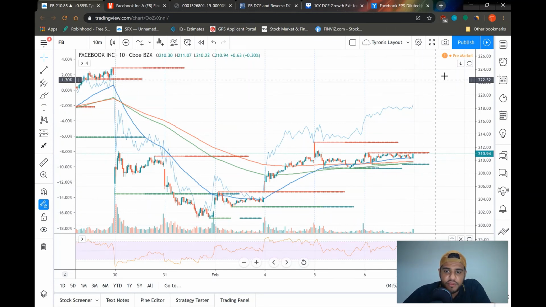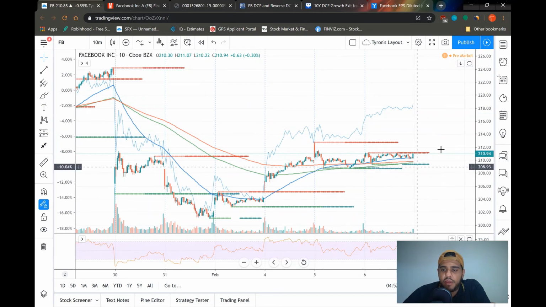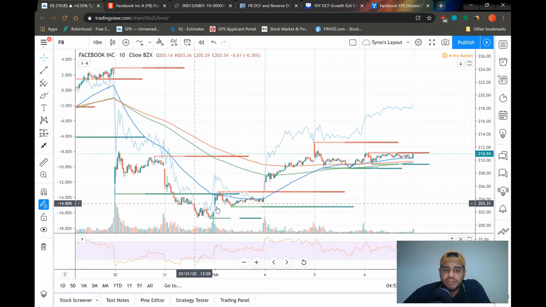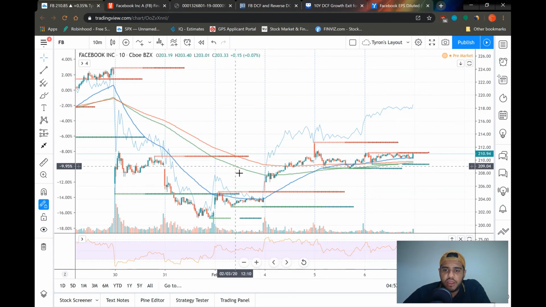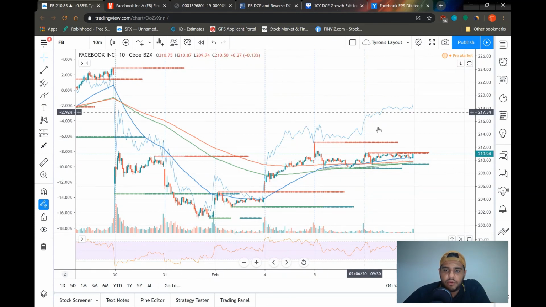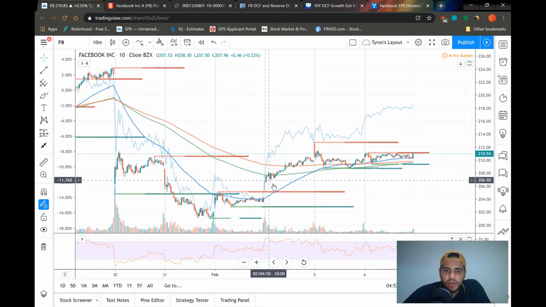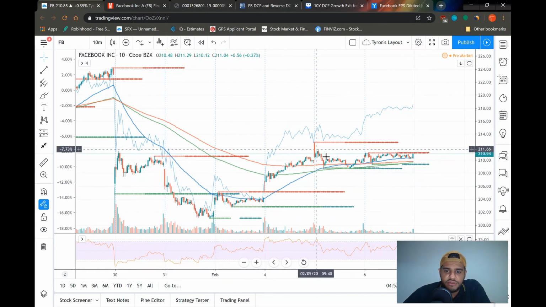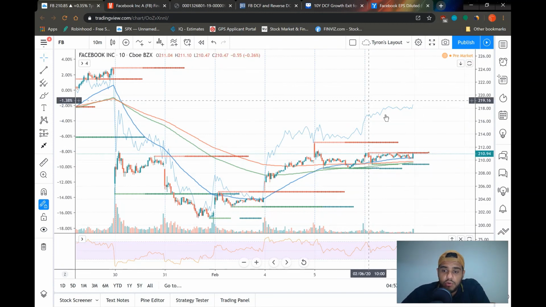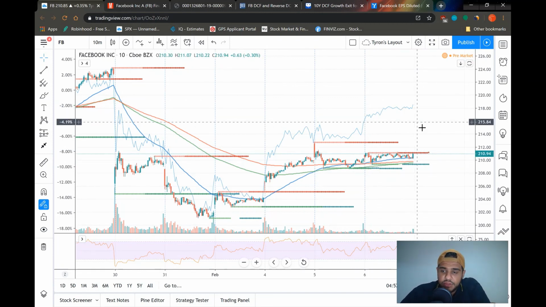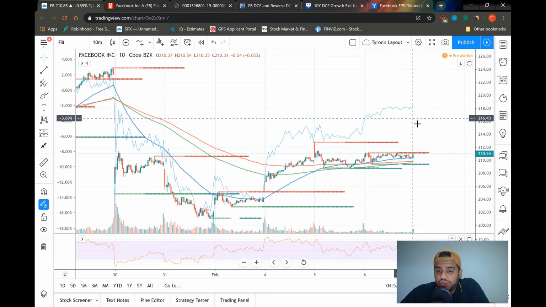I definitely think that Facebook can go back up, but it might need some time. As we know, things never go up in a straight line like that. It is always going to be up, down, up, down, up. There's always an impulsive wave and a corrective wave, an impulsive wave, a corrective wave. So yeah, I think exciting times lie ahead for this company, and I'm bullish.